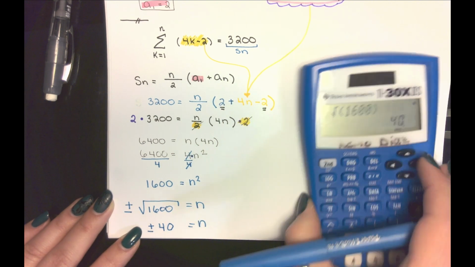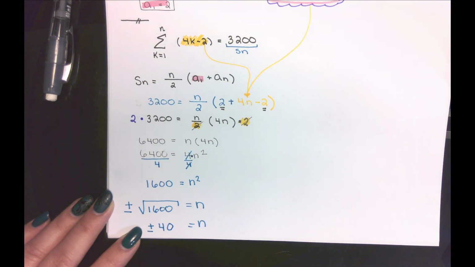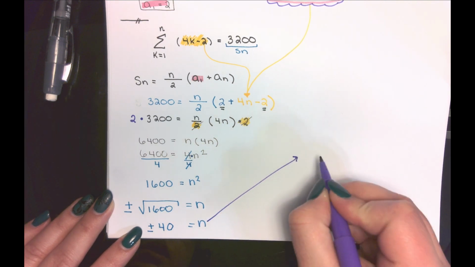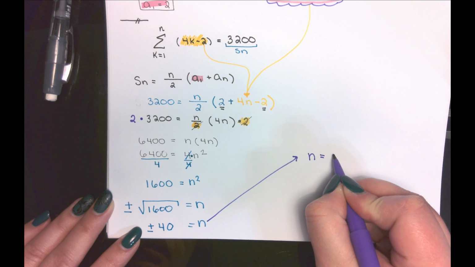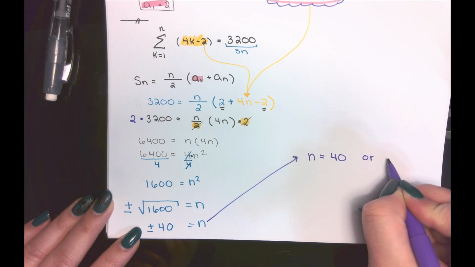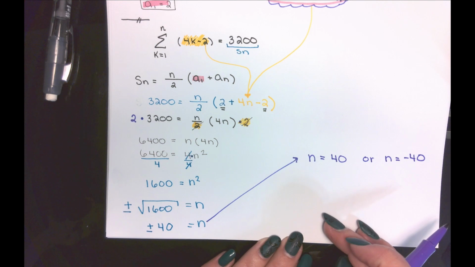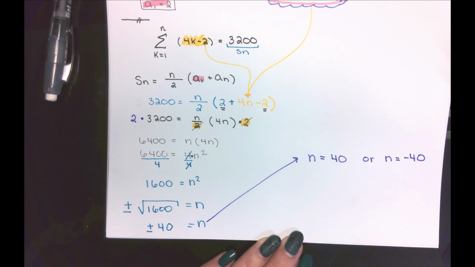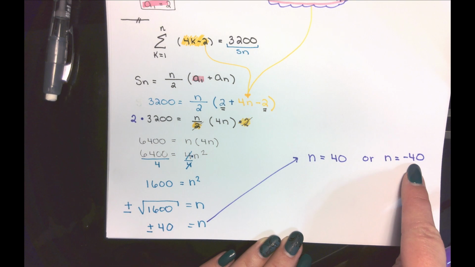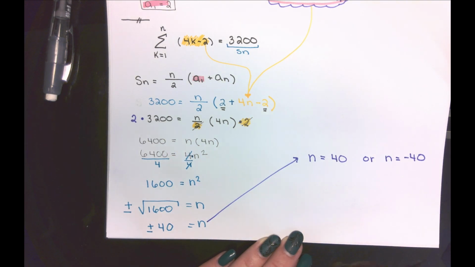Now, what does n represent? N represents the total number of terms. So n can be 40 or n can be negative 40. But if I am asking for how many numbers I am adding together, I can't say I am adding a non-existent negative 40 numbers together. Either they exist or they don't exist.